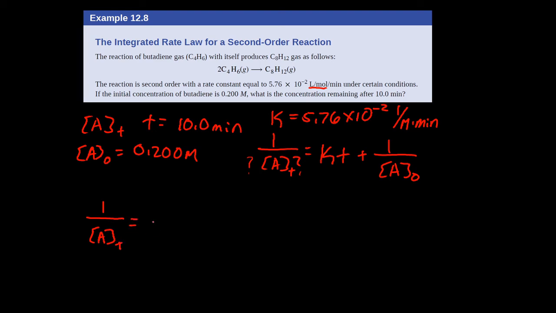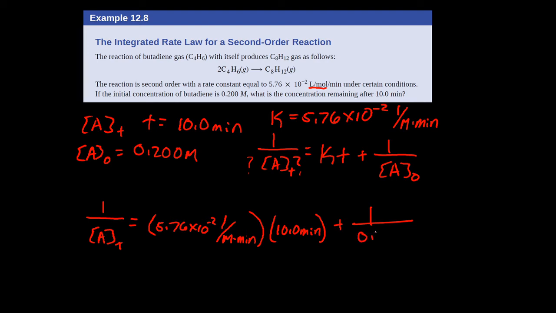So 1 over the concentration at time t is equal to 5.76 times 10 to the negative 2, 1 over molar minutes, times time, which is 10 minutes, plus 1 over 0.2 molar. Alright, so we have some algebra to do here.